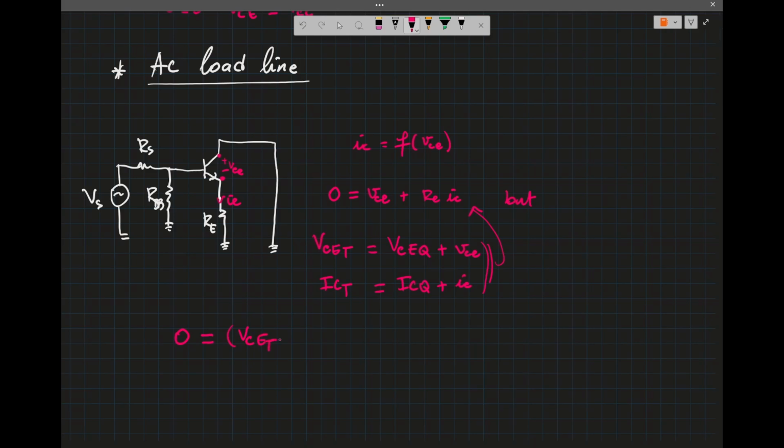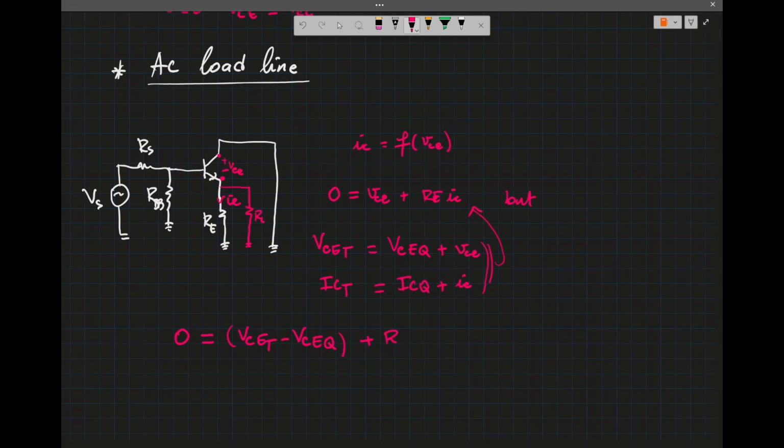VCE total minus VCEQ plus, this is RE. Oh, I forgot to put the load in, so sorry about that. So the load is here, which is our load.